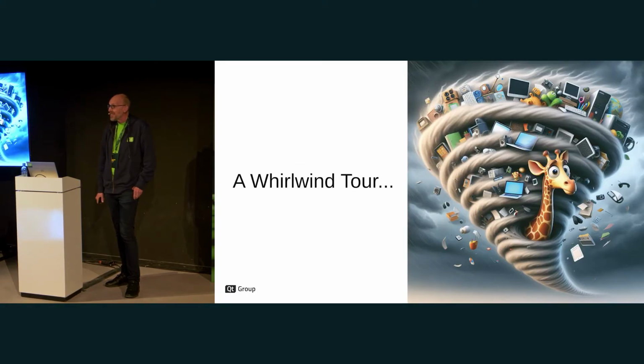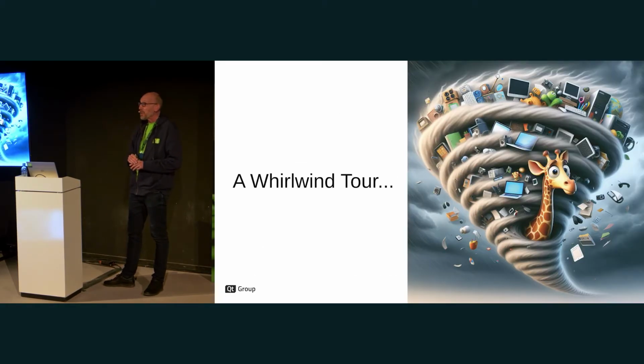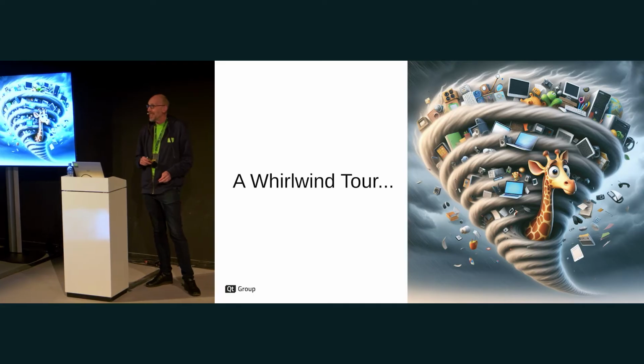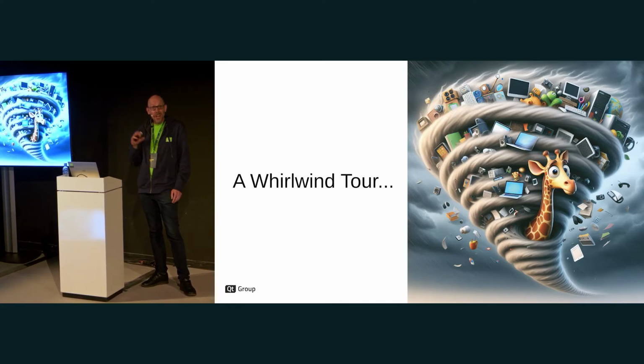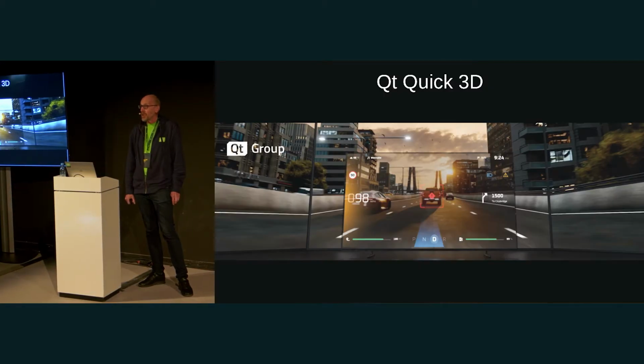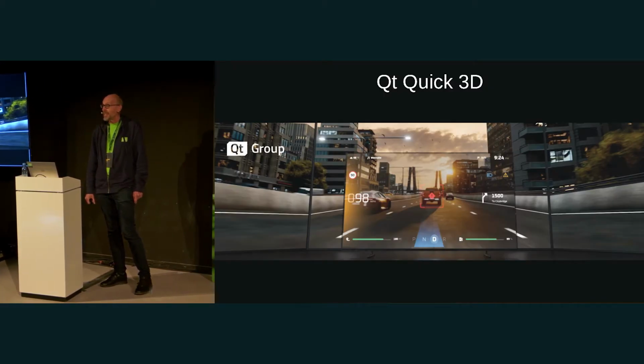So this is going to be a fairly quick walk through a broad range of topics. So it's going to be slightly fast, but don't worry if you don't catch everything, because I will share the slides and all the example code with you afterwards. So let's look at Qt Quick 3D first.